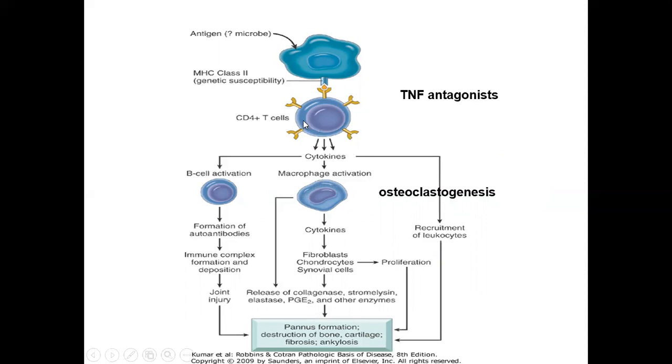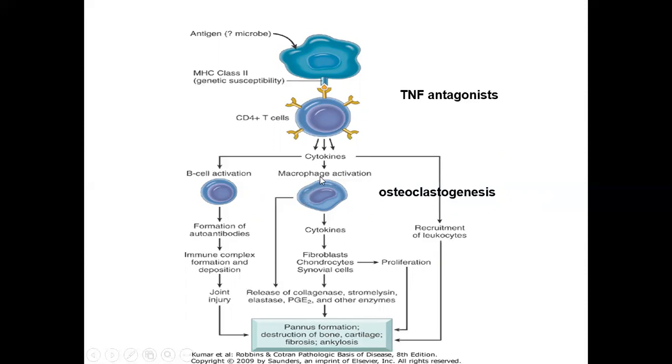And when these T cells are activated, they produce various cytokines which lead to B cell activation and then plasma cell formation and formation of autoantibodies, then immune complex formation and deposition and joint injury, which ultimately lead to pannus formation. We will see what is pannus, and that leads to destruction of the bone, cartilage, and fibrosis and ankylosis.